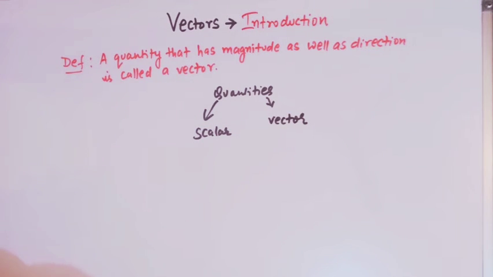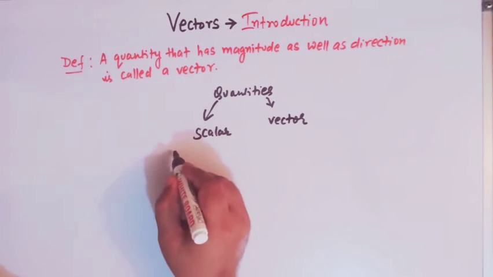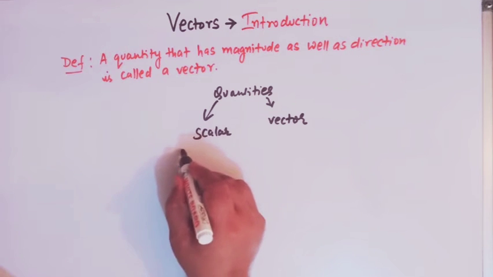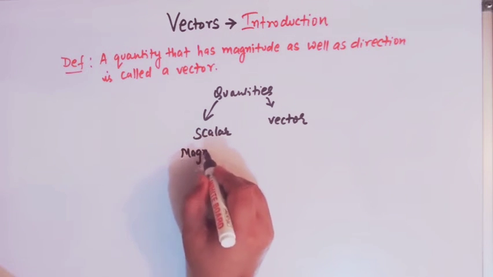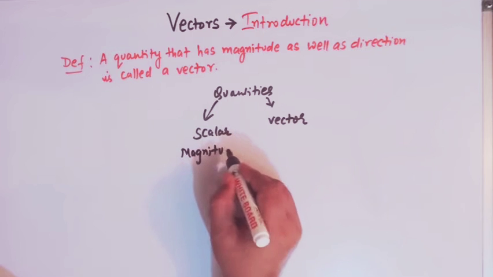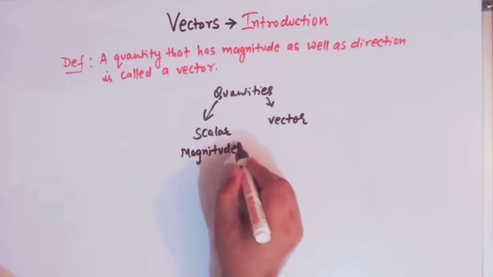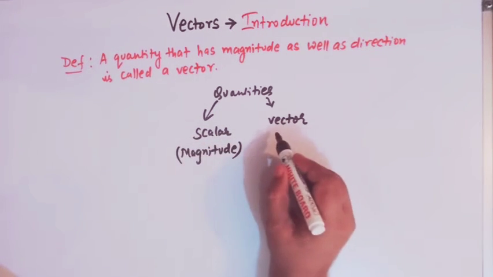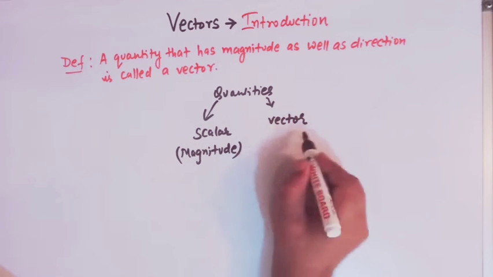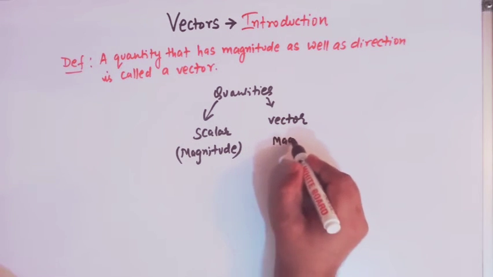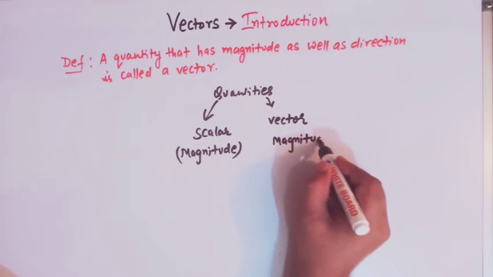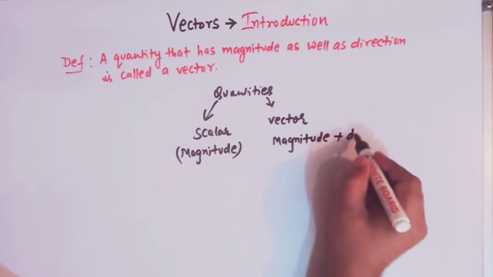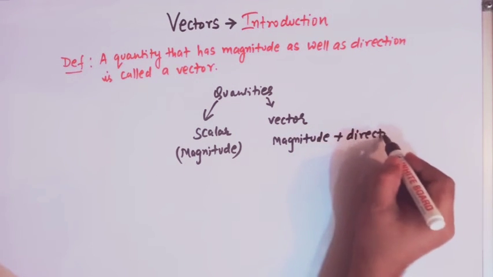Scalar quantities are those quantities which have only magnitude, right? And the quantities which have both magnitude as well as direction are called vector quantities, right?